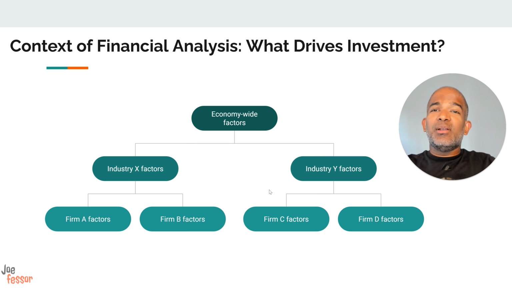Okay, for example, rising interest rates can negatively impact sales in the home improvement industry. Second, industry factors. Certain events like a decline in housing turnover will have a major impact on every competitor within that specific industry, but only a minor impact on companies outside of it. Okay. Third, individual company factors.